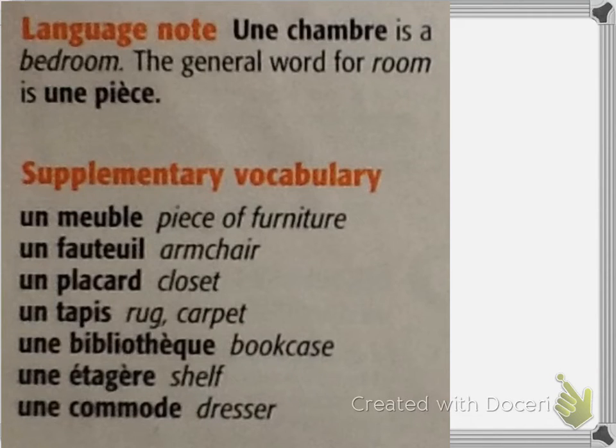All right, some extra vocabulary that is in my teacher's edition that you might be interested in. Again, this is not vocabulary you have to have memorized, but this might be vocabulary you would like to know. We see a language note here that une chambre is a bedroom specifically. The general word for room is une pièce. S'il vous plaît, répétez. Une chambre, une pièce. And then some supplementary vocabulary that you might have in your bedroom. The generic word for a piece of furniture, un meuble.